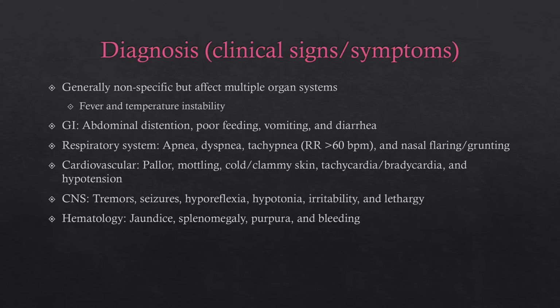So if you're seeing jaundice with a high respiratory rate and they're vomiting, they're not eating, they have cold skin, all these symptoms together are going to point towards sepsis.